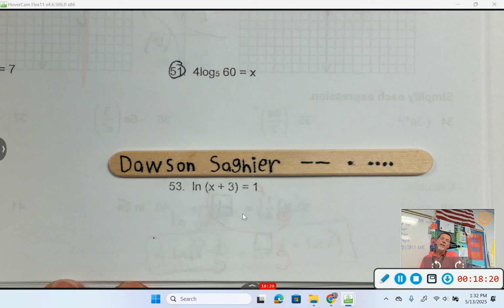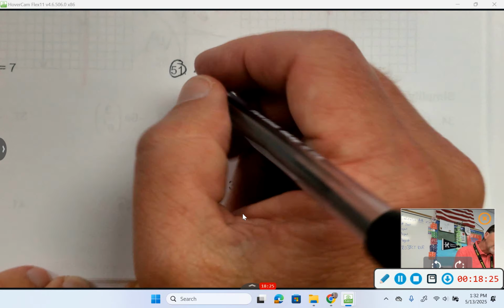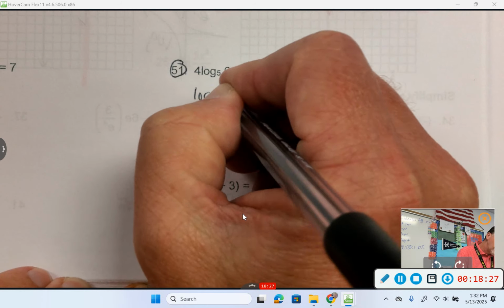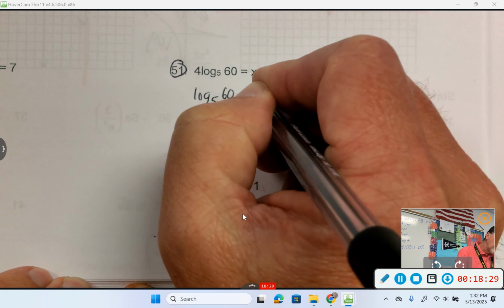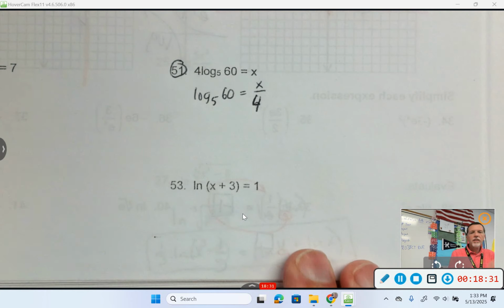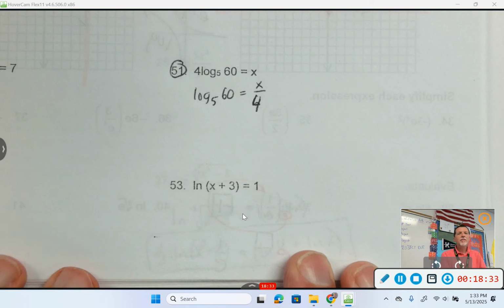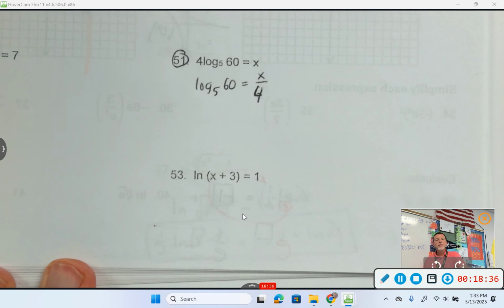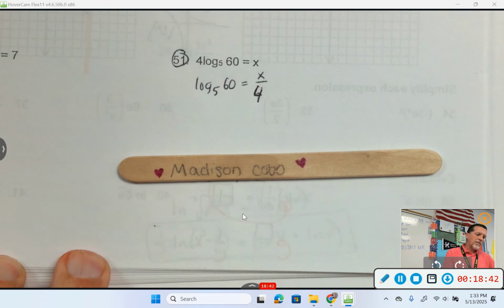What's that? You can divide by 4. We're going to go, yes, let's divide by 4. Show you a trick to this problem later. Whoops, divide by 4. Thinking the long way around. That's the only way we know right now, so it's not Dawson's fault. Madison, what would you do next?